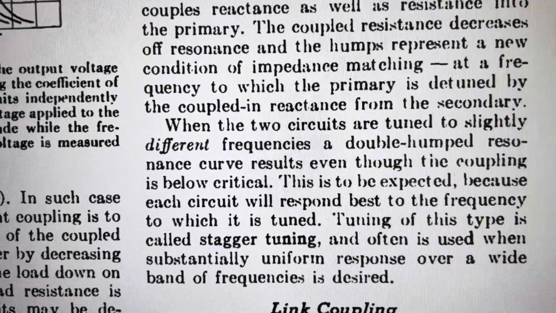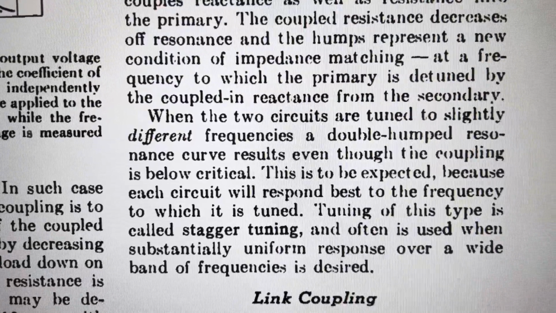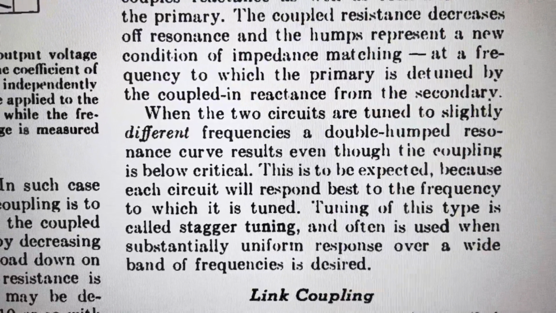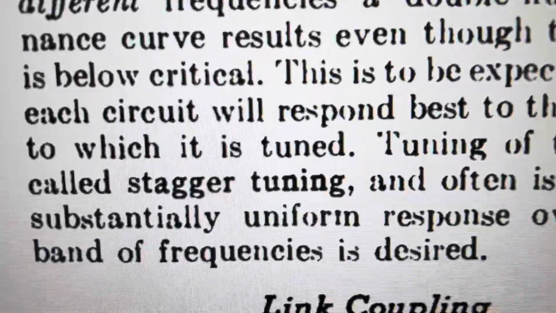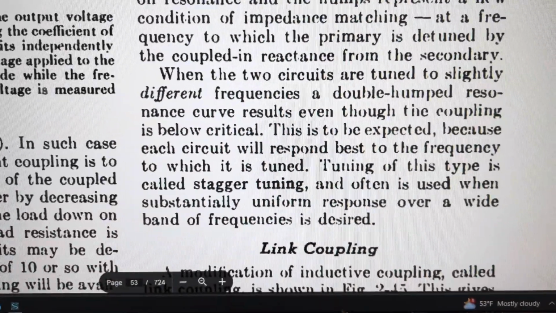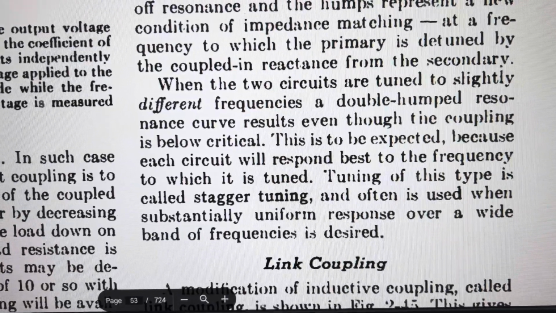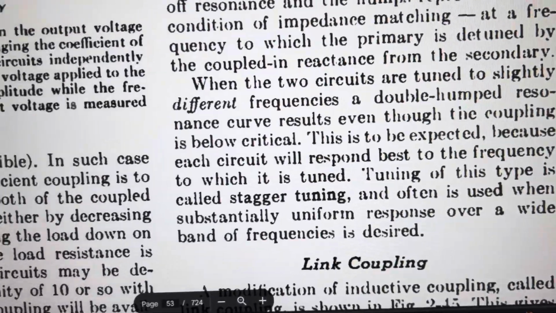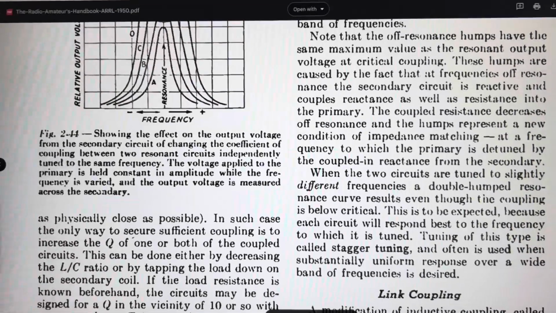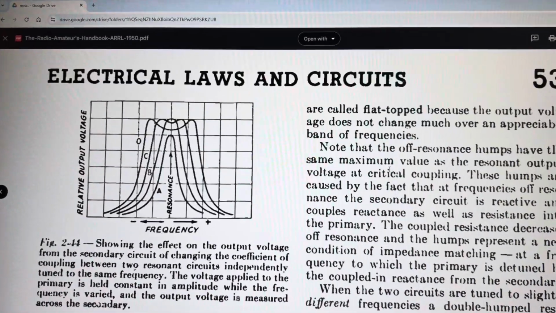This is to be expected because each circuit will respond best to the frequency to which it's tuned. Tuning of this type is called stagger tuning, and is often used when substantially uniform response over a wide band of frequencies is desired. I think we're getting a real description of what selectivity is.